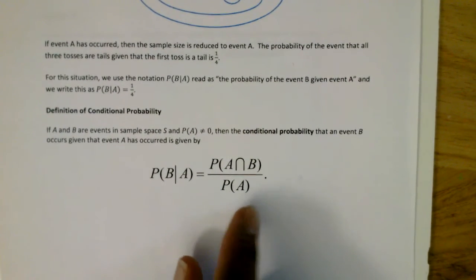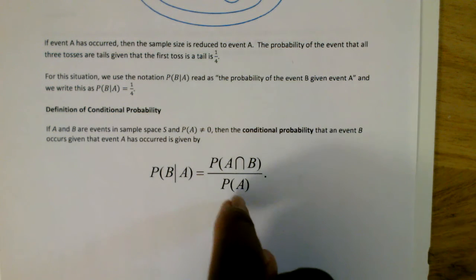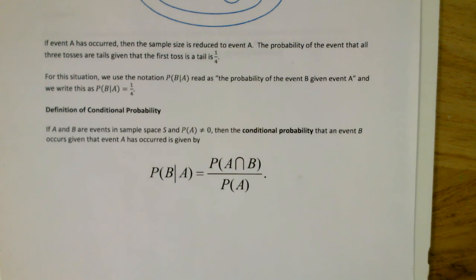Now, more than likely, you're not going to be using this formula directly, because usually conditional probabilities can be done intuitively rather than using this formula, but I'll give it to you anyway. If A and B are events in the sample space S and the probability of event A is not equal to 0, then the conditional probability that an event B occurs, given that event A has occurred, is given by this.